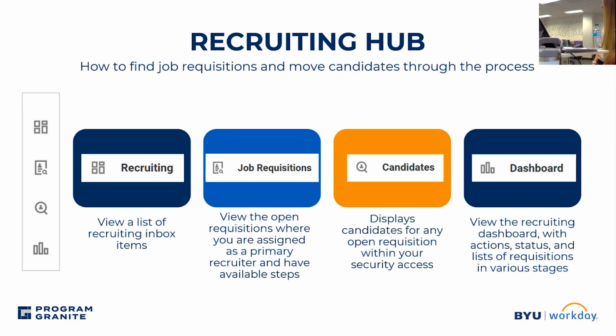We'll take a look at what you can see and what security you have. And then we have our dashboard, where we can view actions, statuses, and a list of requisitions in various stages. We're going to walk through all of these, and you'll find which tool is the most helpful to you to navigate and find all the information you need in Workday. Is everyone seeing that bar on the left?